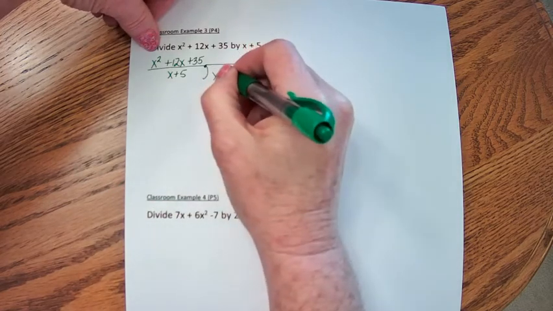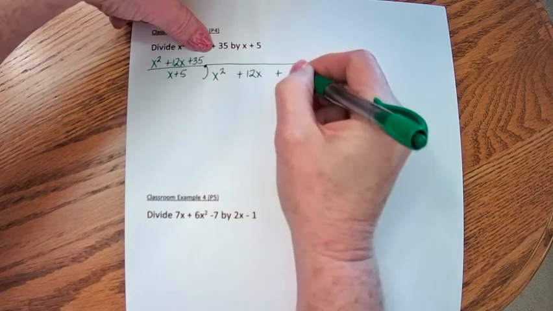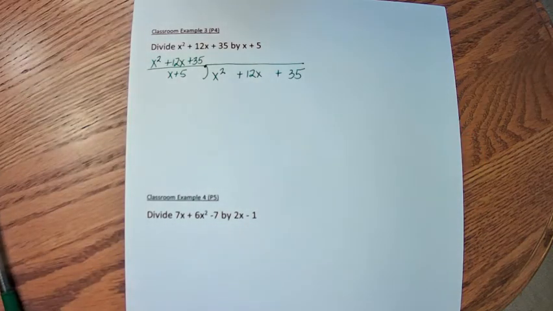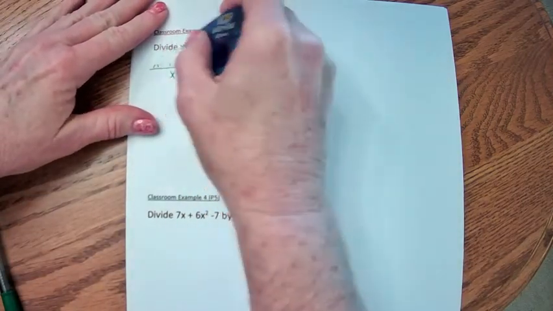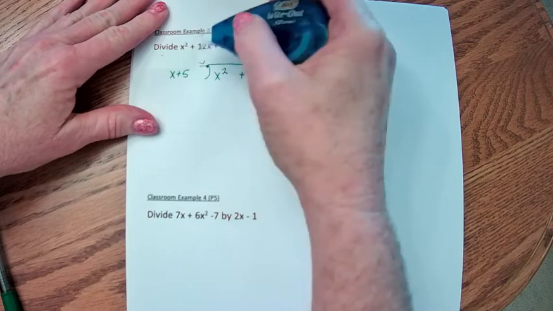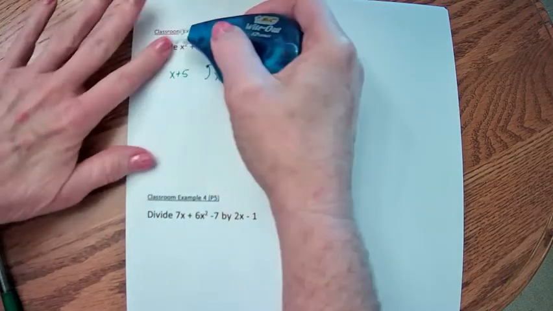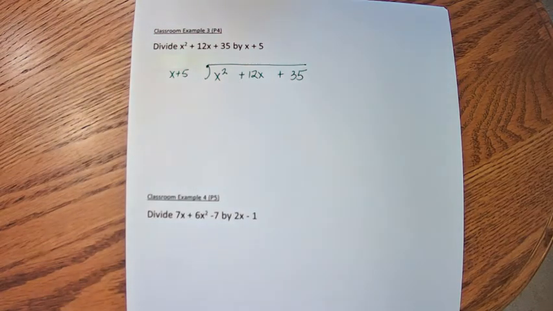So I'm going to pull down x squared plus 12x plus 35. So rather than write this fraction, I have it written as a long division problem. You can go right to writing it as a long division problem as long as you get them in the right order. You put the right number under the division bar here.